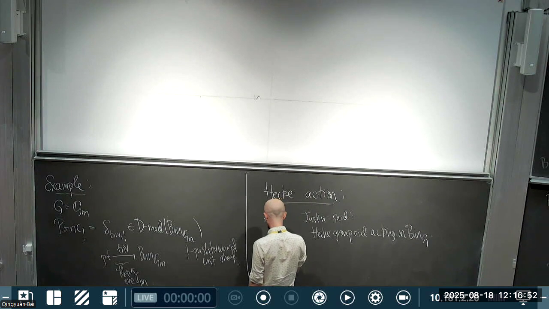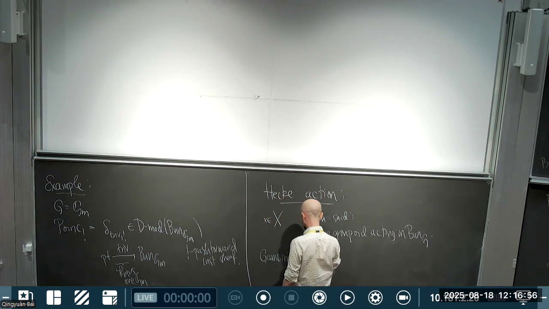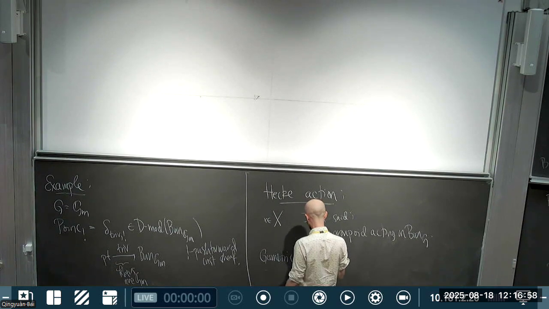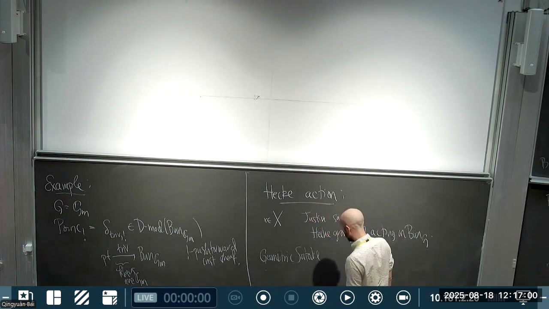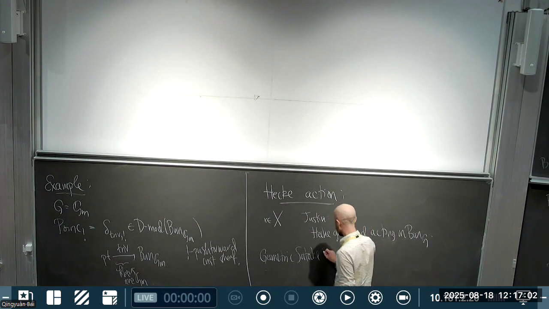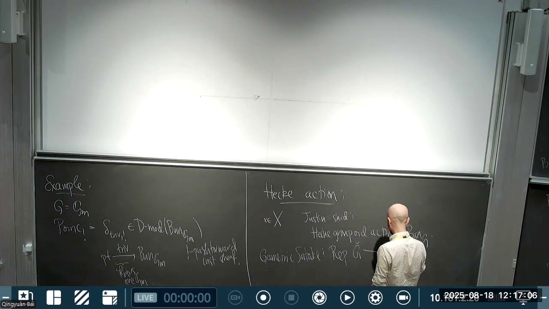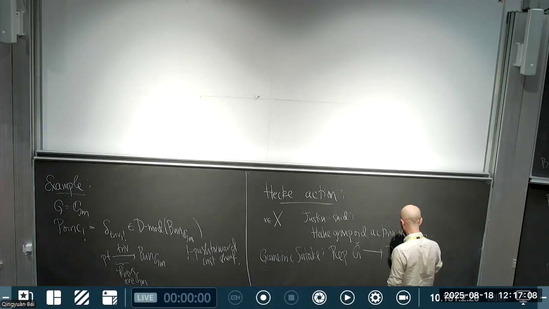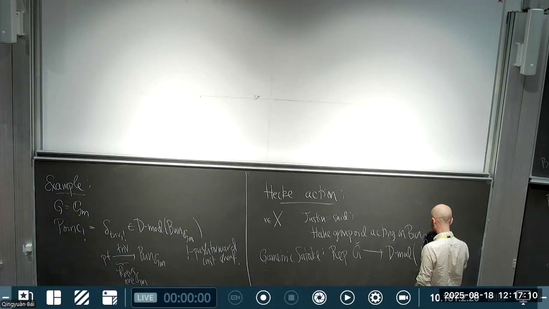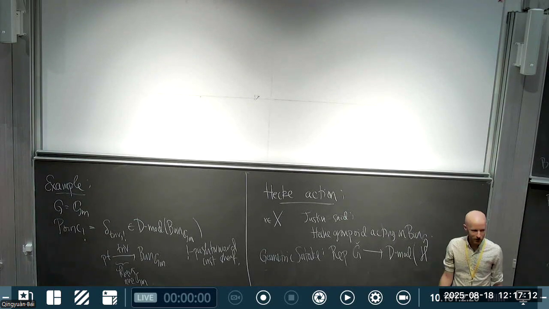And then geometric Satake, by Lusztig, Drinfeld, Mirković and Vilonen, constructs canonically a functor from Rep G check into this category of D-modules on the Hecke stack. How is it written, Justin? So G on S.